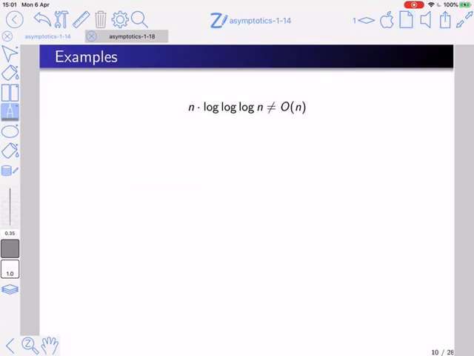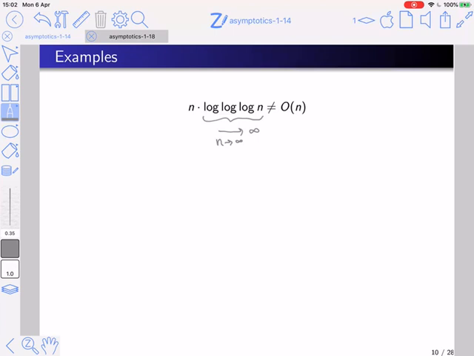On the other hand, if I multiply n by log n, which for small values of n is a very small value, it tends to infinity, right? Log n tends to infinity as n tends to infinity. It tends to infinity very slowly, but it is unbounded. Therefore, n times this function, which tends to infinity, is not big O of n.